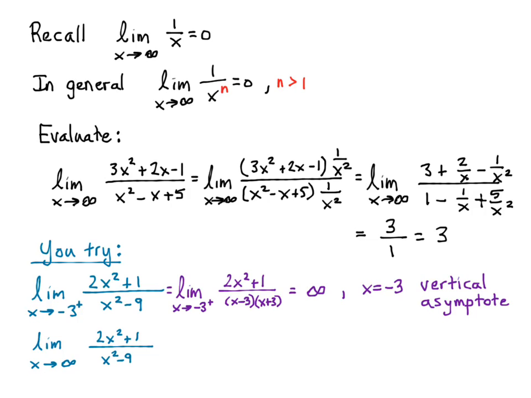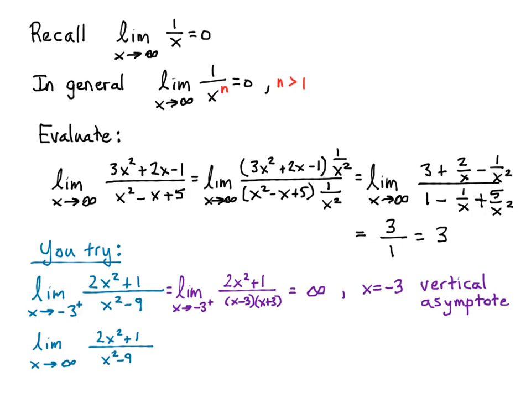And so we can decide which way it is. When we look at it from the positive side, we're going to be a little greater than -3. So this would be like -2.9, right? This is going to be negative, and then this is going to be positive, right? So we have a positive number here. This one is going to be negative, and we know this one's going to be positive.